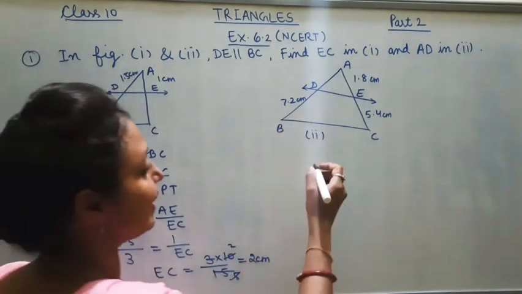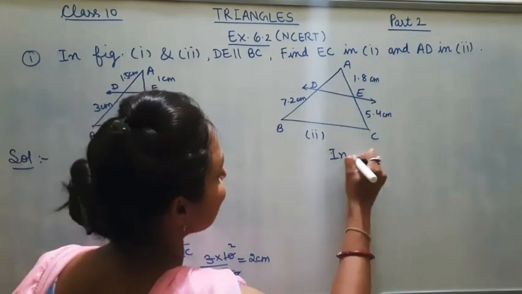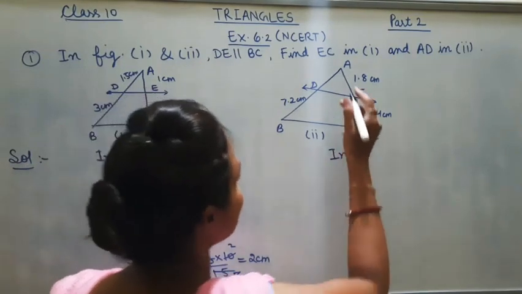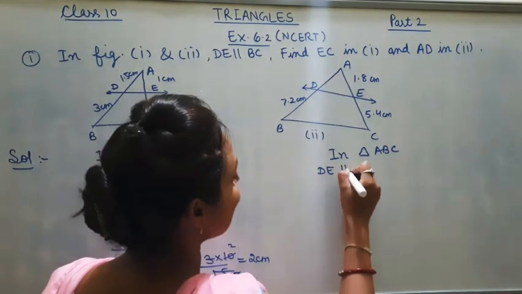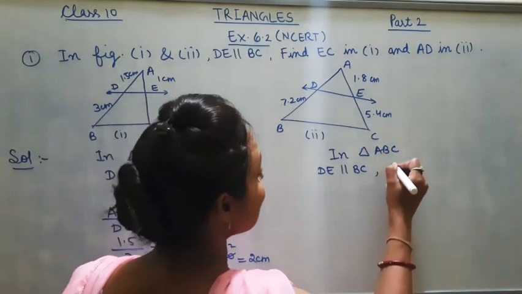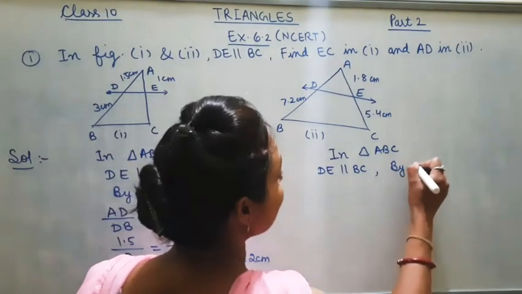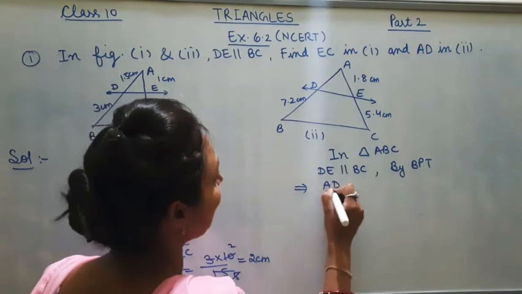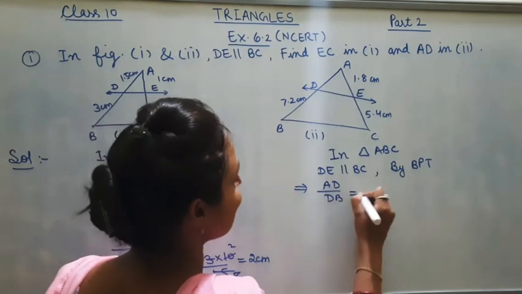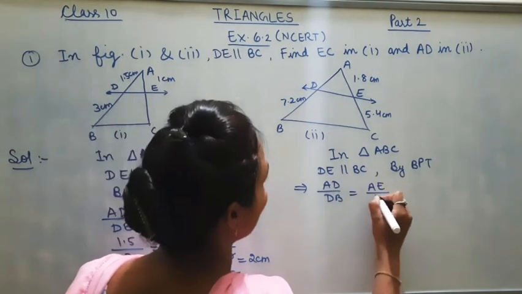So this is the way to find EC. Now come to the second part. In triangle ABC, DE is parallel to BC, right? And therefore by BPT, AD upon DB is equal to AE upon EC.